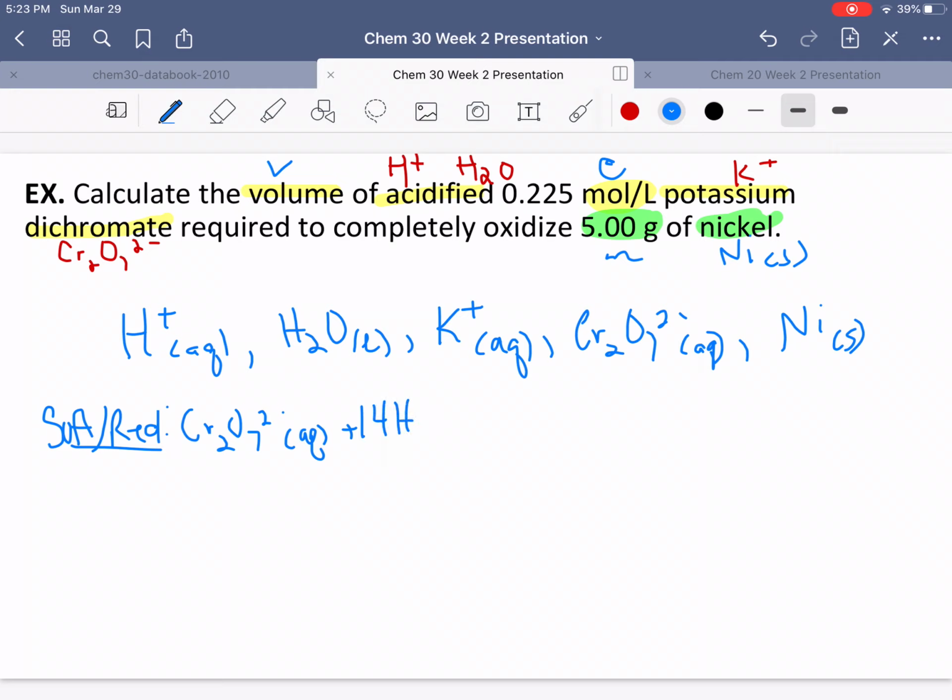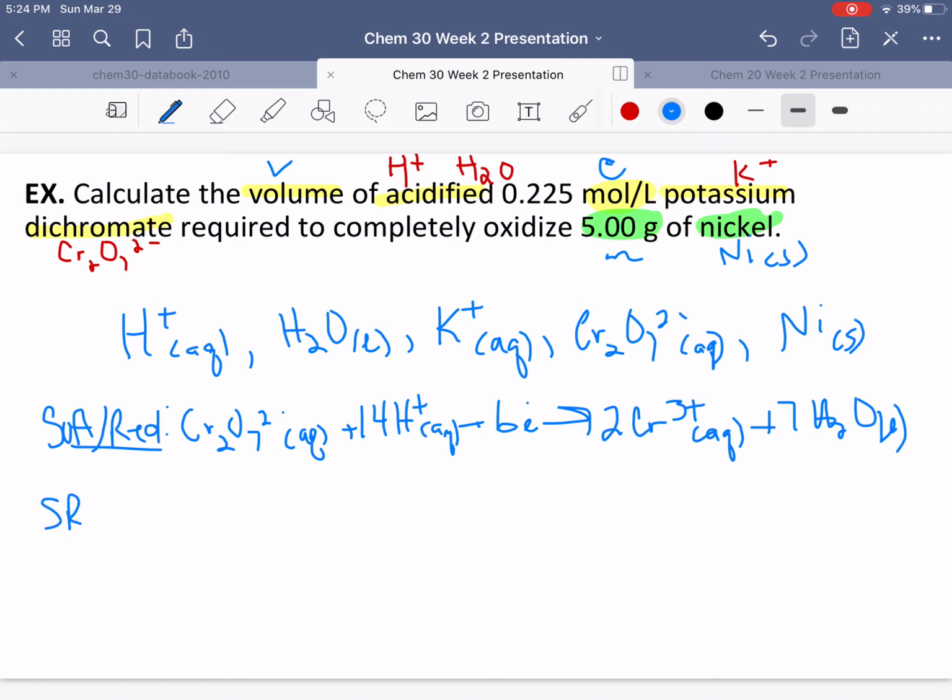So we're going back, reviewing an old technique. 14H plus, and this is that reduction, of course, so we're going to add in our 6 electrons to produce 2 chromium 3 plus aqueous, plus 7H2O liquid. Vice versa, our SRA, or our oxidation reaction, this is going to be the nickel.